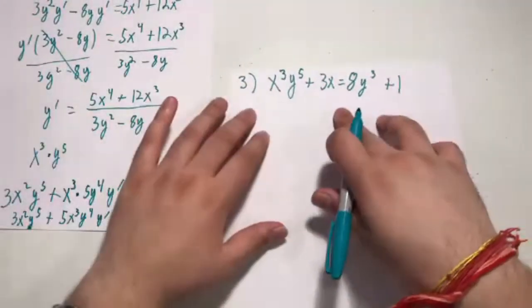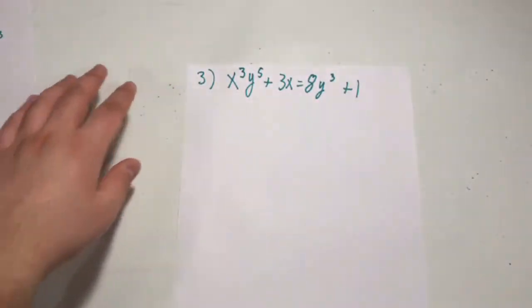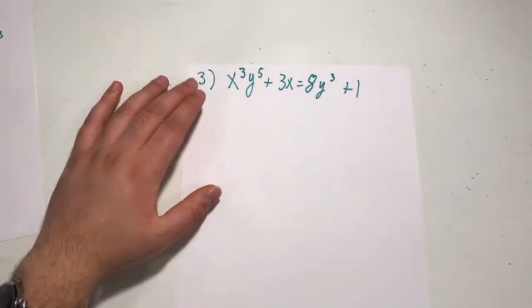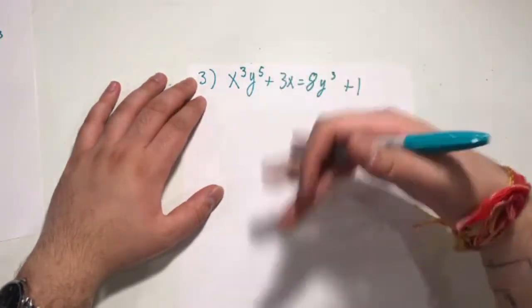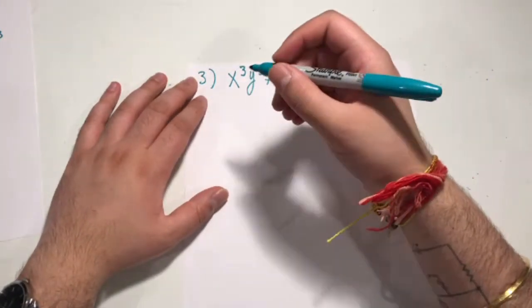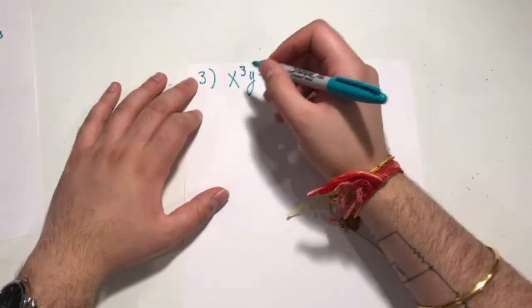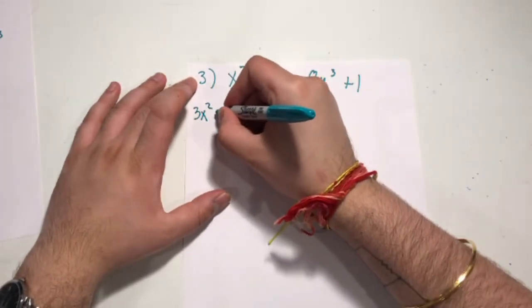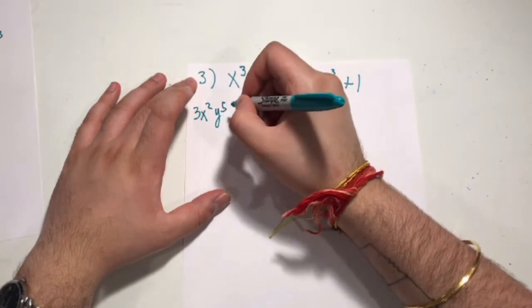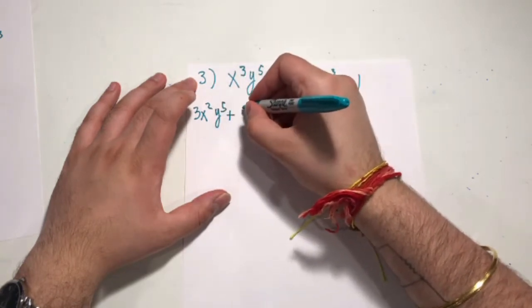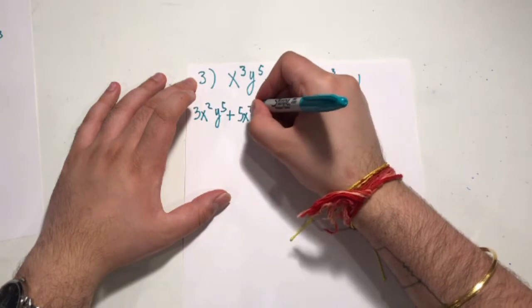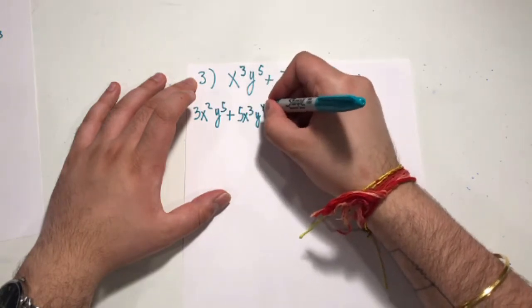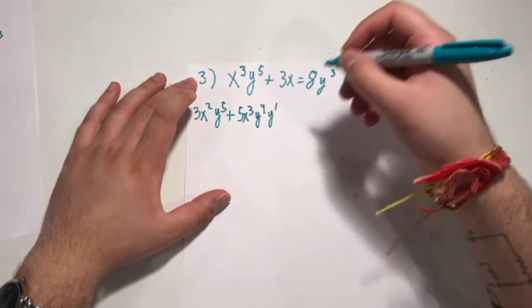Okay? And let's substitute it in there. You don't have to do this separately. You can build out the steps. I just want to make sure I have enough room and I'm clearly writing out each individual line. So this becomes 3x to the second y to the fifth plus 5x to the third y to the fourth y prime.